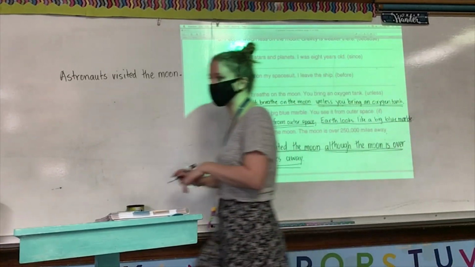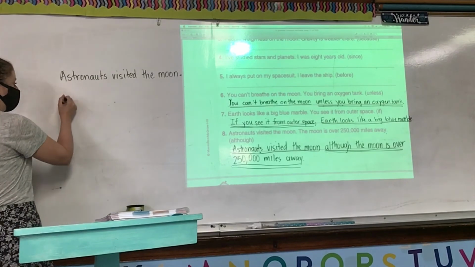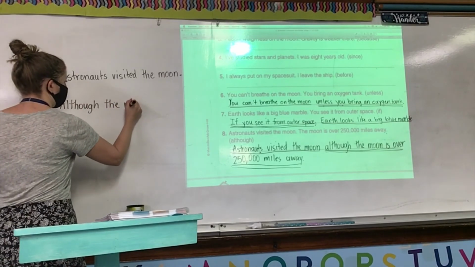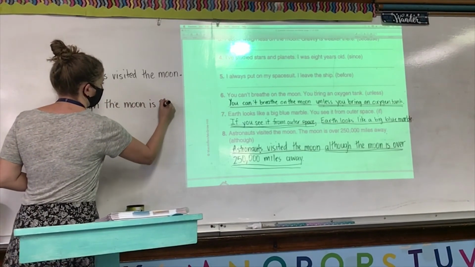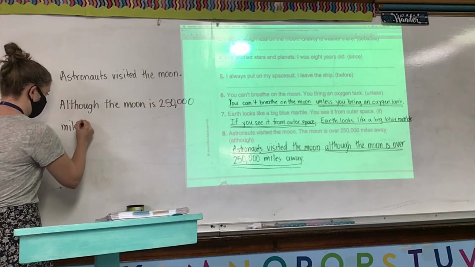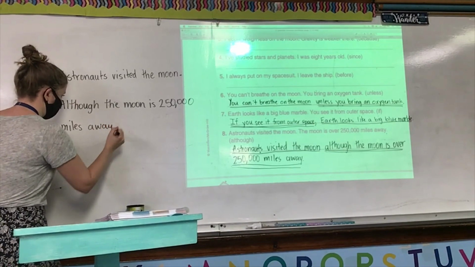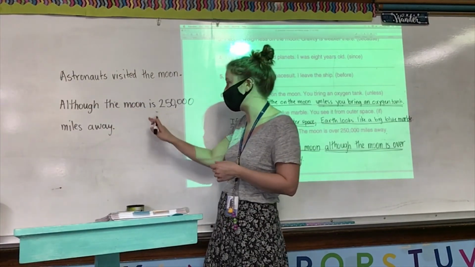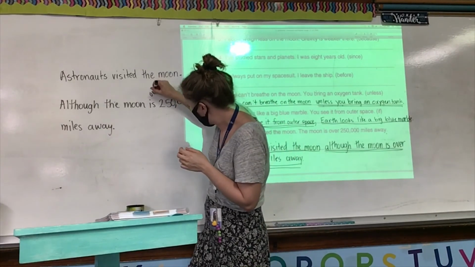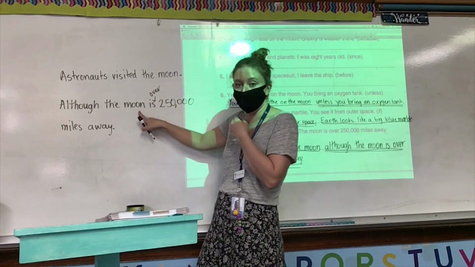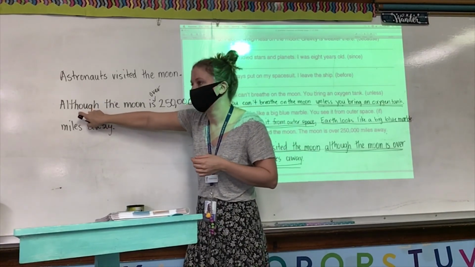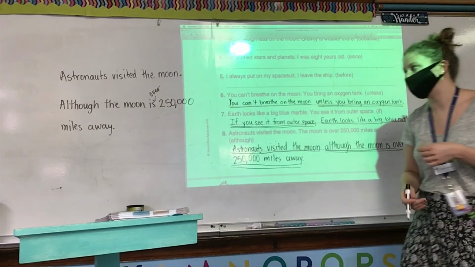Because if I pulled it out to the side and wrote, although the moon is over 250,000 miles away, even though it has a subject, the moon, and a predicate, is over 250,000 miles away, that word although makes it not make sense anymore. So that is the dependent clause.